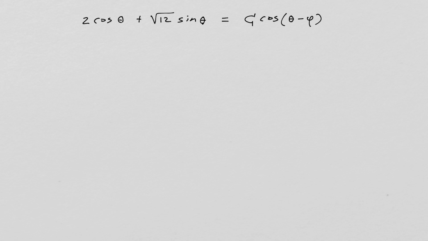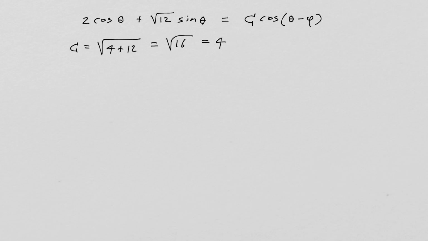Well, I can compute the amplitude straight away. It's going to be the square root of 2 squared plus the square root of 12 squared, which is 4 plus 12. That's the square root of 16, which is going to be 4.